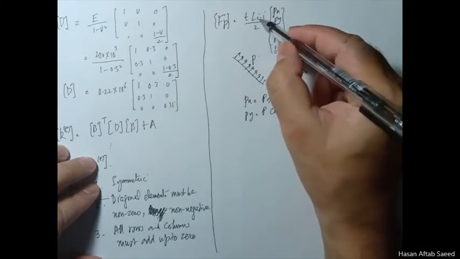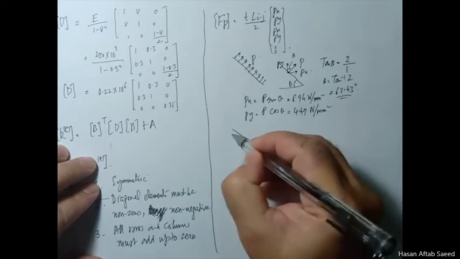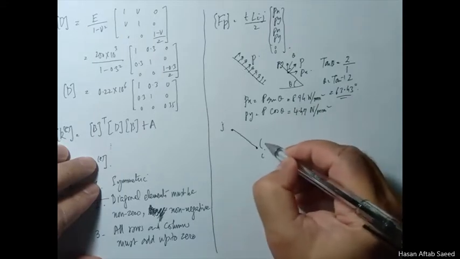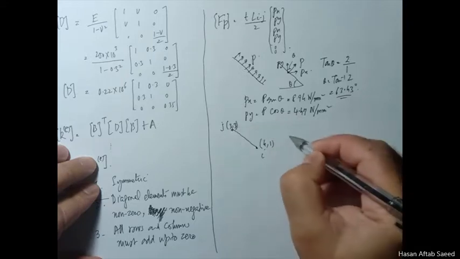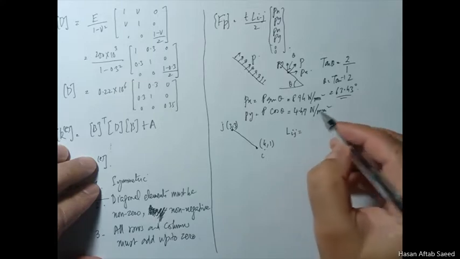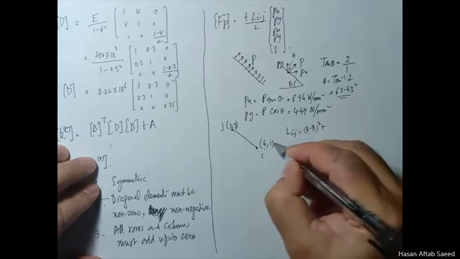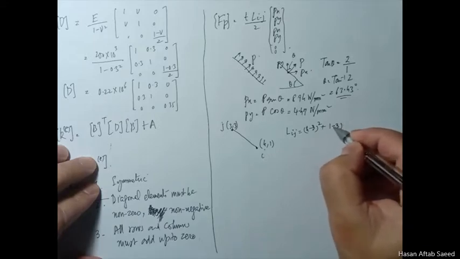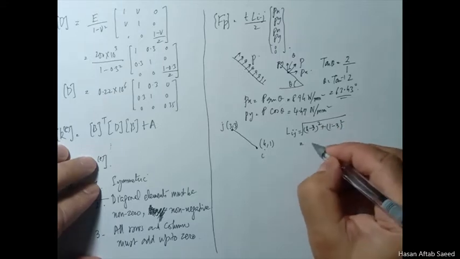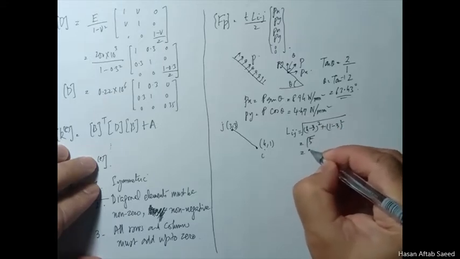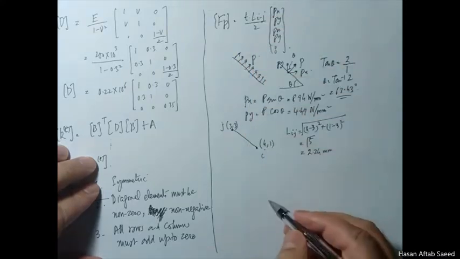What about the length, Lij? Again we have this is I node, this is j node. We know the coordinates of the two, 4, 1, 3, 3. So Lij is simply 4 minus 3 whole square plus 1 minus 3 whole square. This is the length, and this comes out to be 2.24 millimeter. Now we have the thickness, we already know.